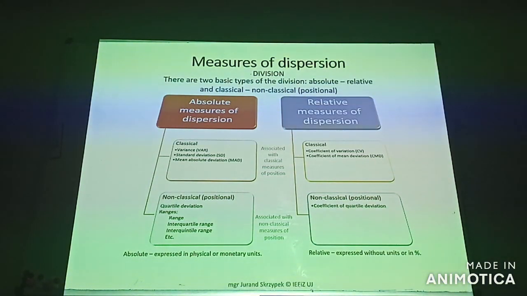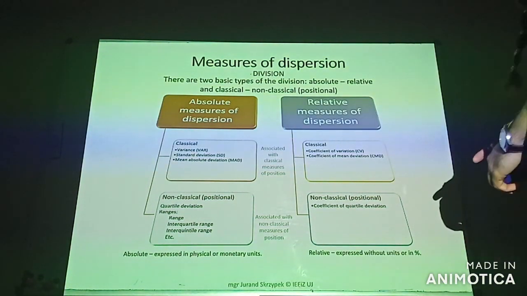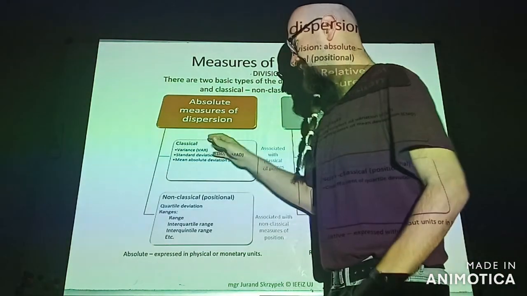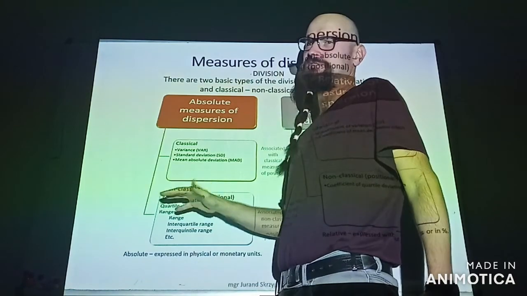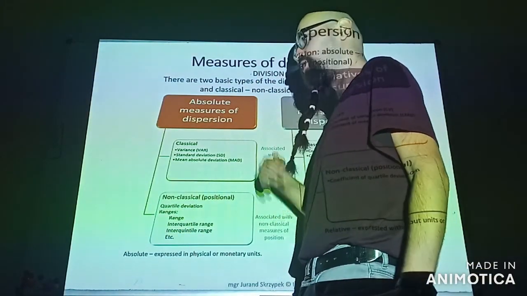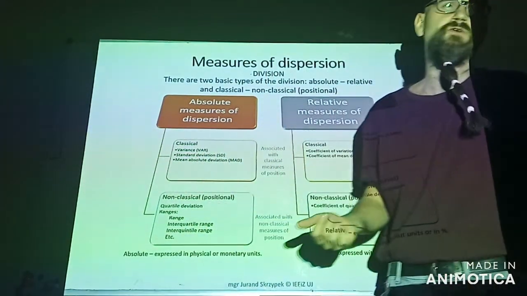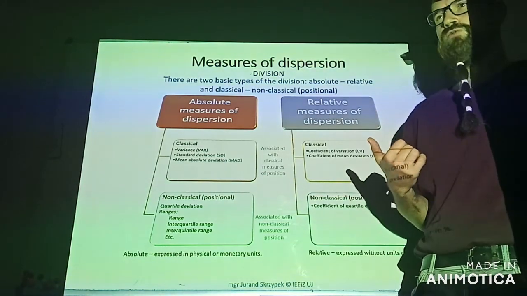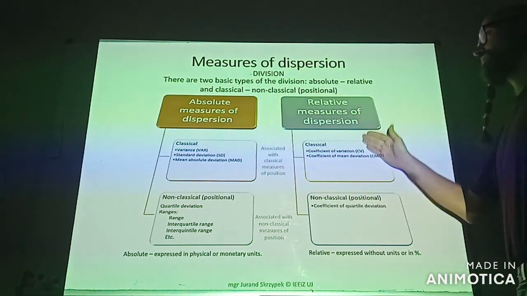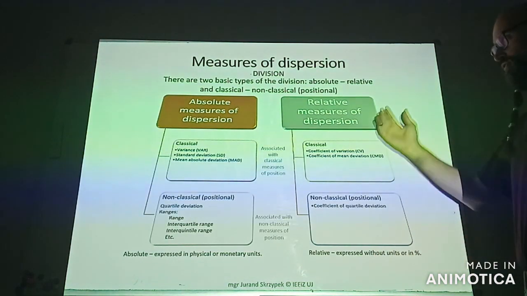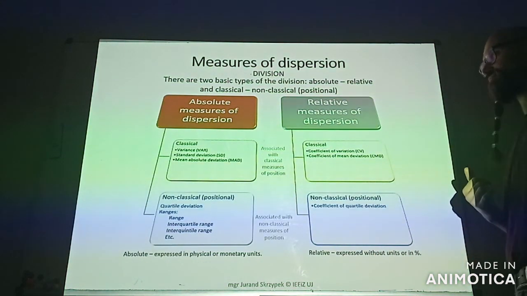Generally, we can say that absolute measures of dispersion are expressed in physical or in monetary units. So here we have a little problem because we can't compare something which is expressed in different units: wages in dollars and, for example, the unemployment rate which is expressed in percents. For this purpose, we use the relative measures of dispersion.